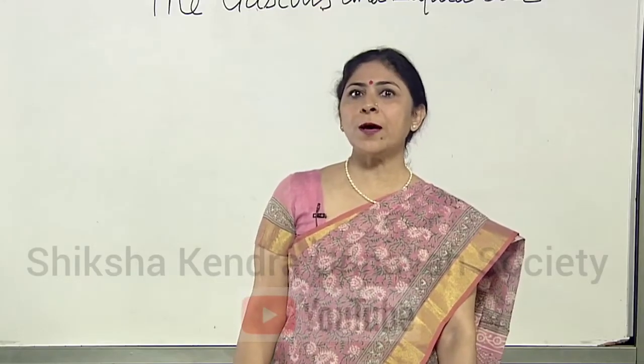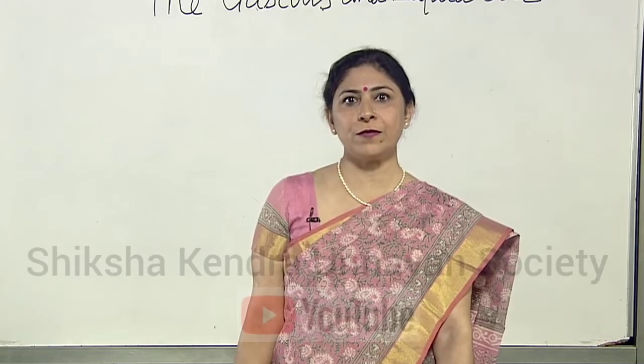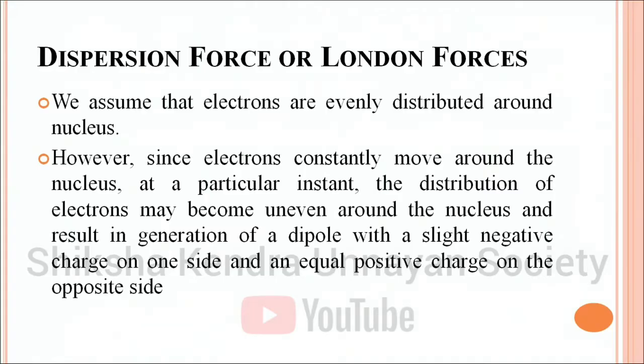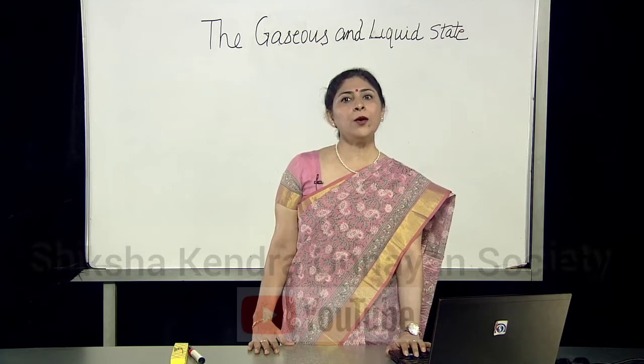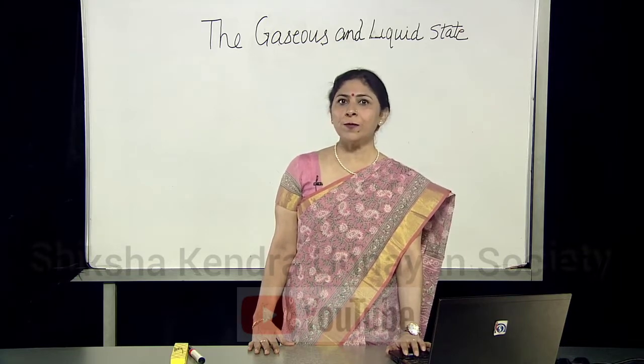Now let's discuss dispersion forces or London forces. We assume that electrons are evenly distributed around the nucleus. However, since electrons constantly move around the nucleus, at a particular instant the distribution of electrons may become uneven around the nucleus and result in the generation of a dipole with a slight negative charge on one side and an equal positive charge on the opposite side.